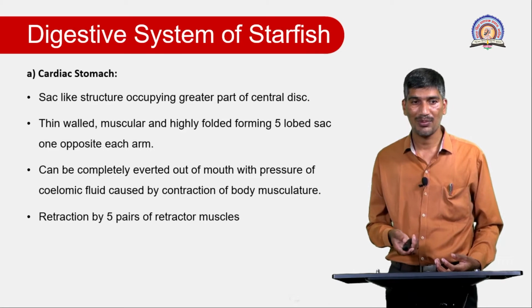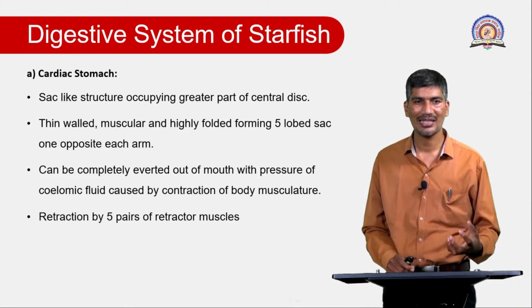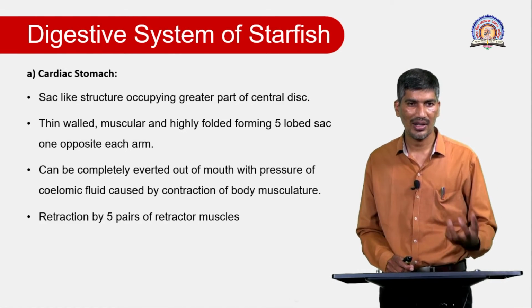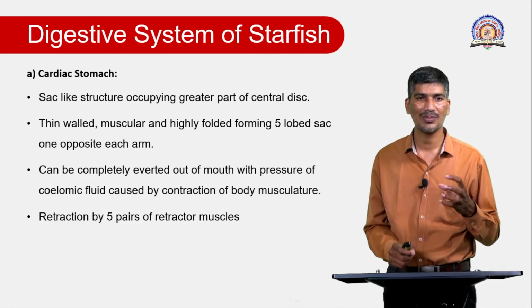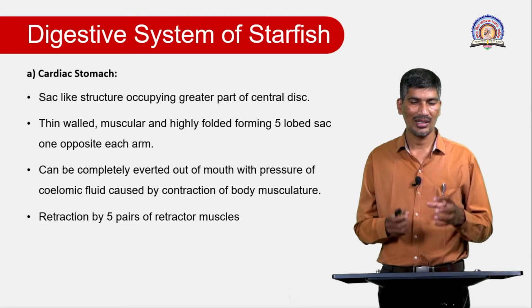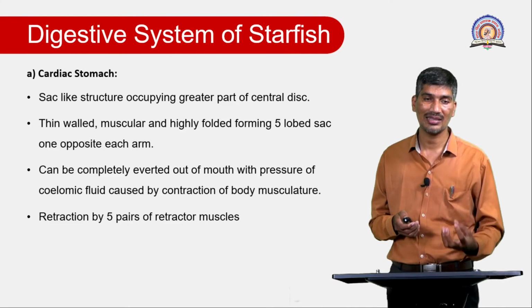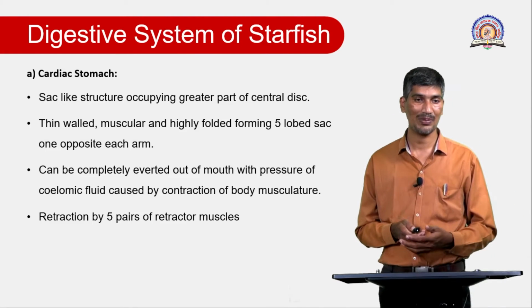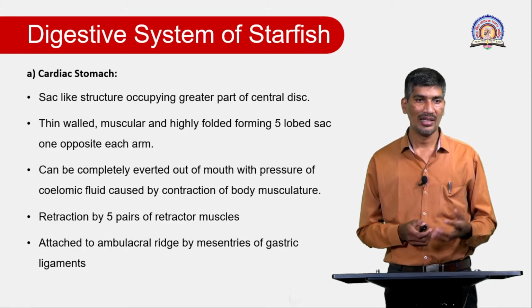Because there are retraction and eversion, these two mechanisms, 5 pairs of retractor muscles are found connecting the body wall and the cardiac stomach, and the eversion and retraction take place with the cardiac muscle.